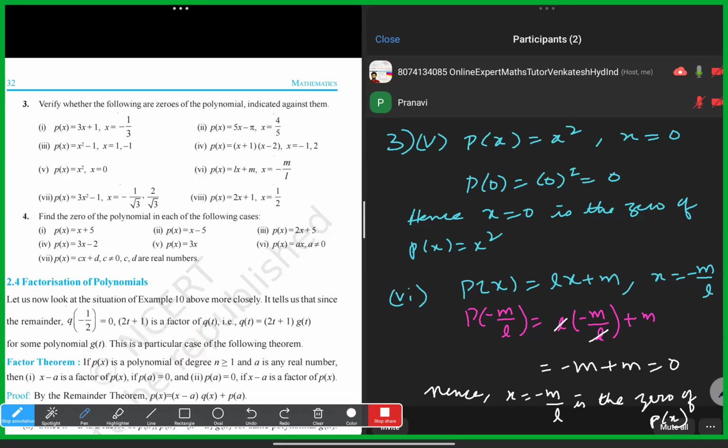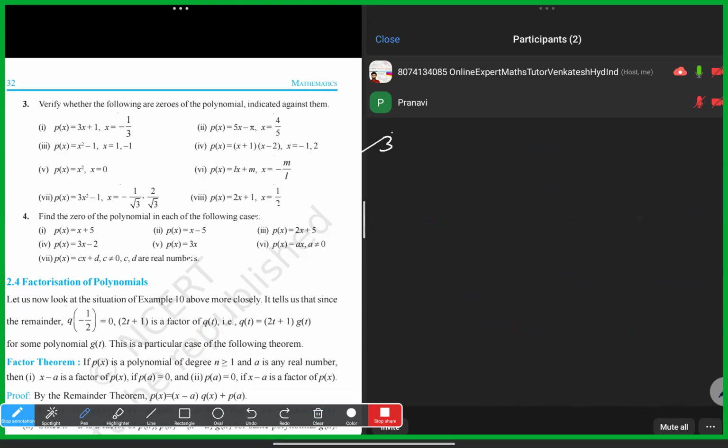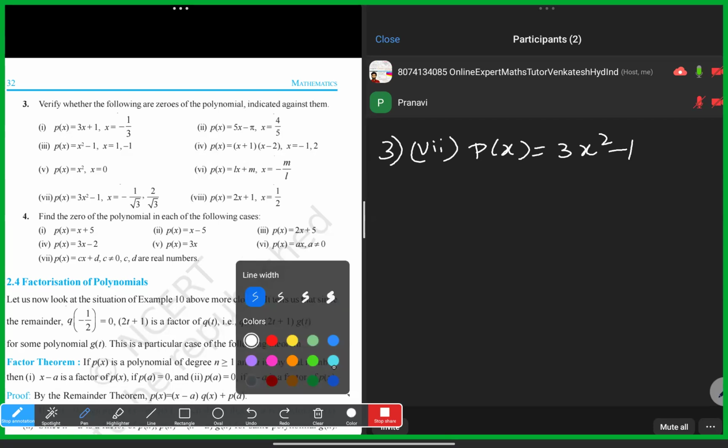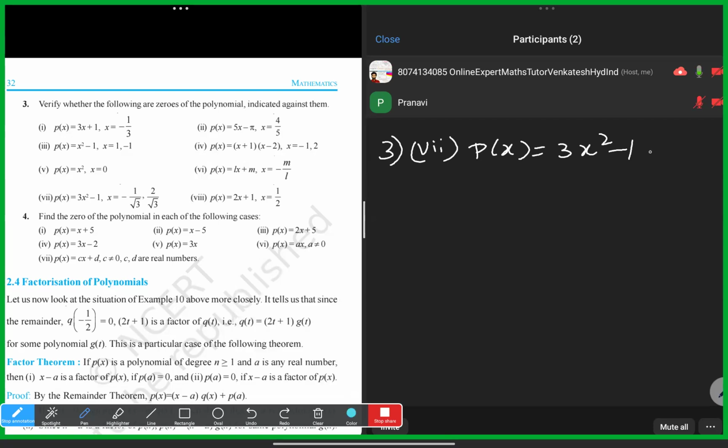So the seventh one. p of x is equal to 3x square minus 1, with x equal to minus 1 by root 3 and 2 by root 3.